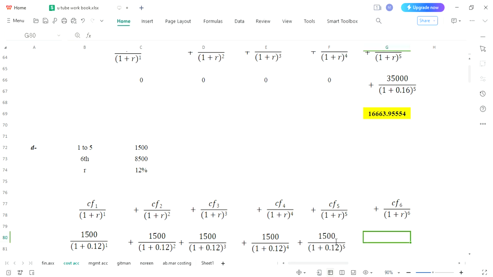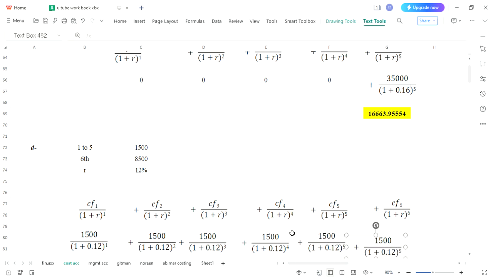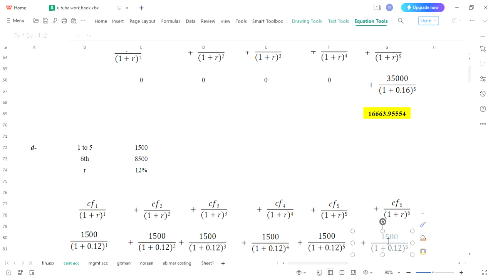So guys, your attention is needed at this level. Please note it down for the sixth value. Here it has been said that the sixth cash flow has been changed from 1500 to 8500. So just change your cash flow as well as your nth value, which was 5, and now you will put 6.